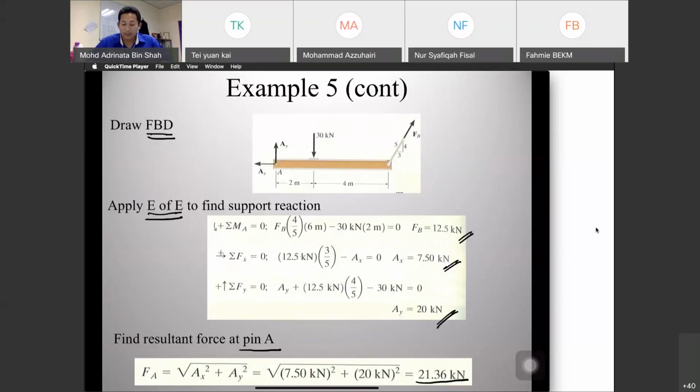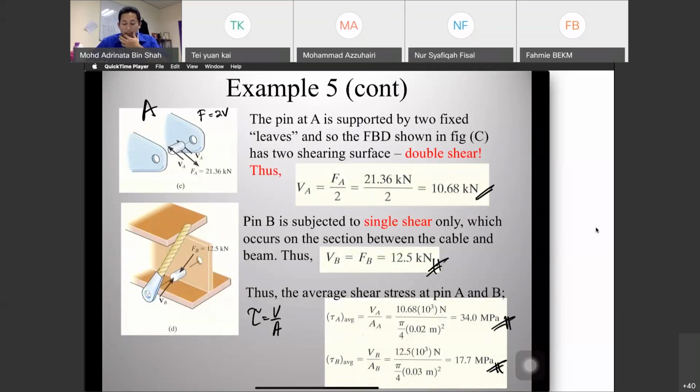Okay, average shear stress. This is average shear stress. Okay, so why do we need to study the intensity, normal stress and also shear stress?